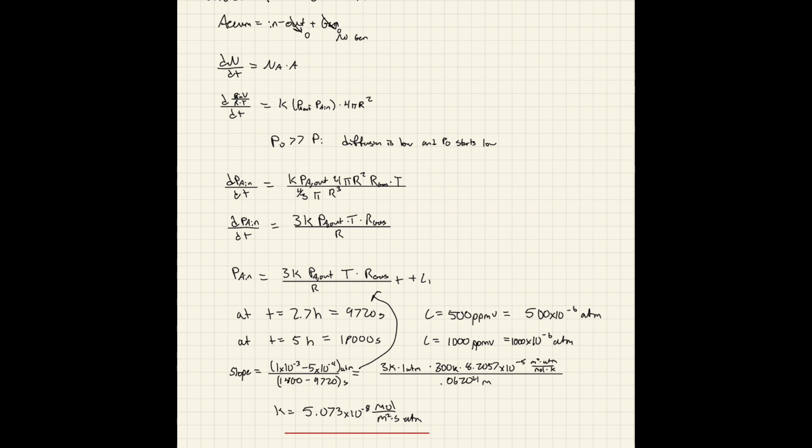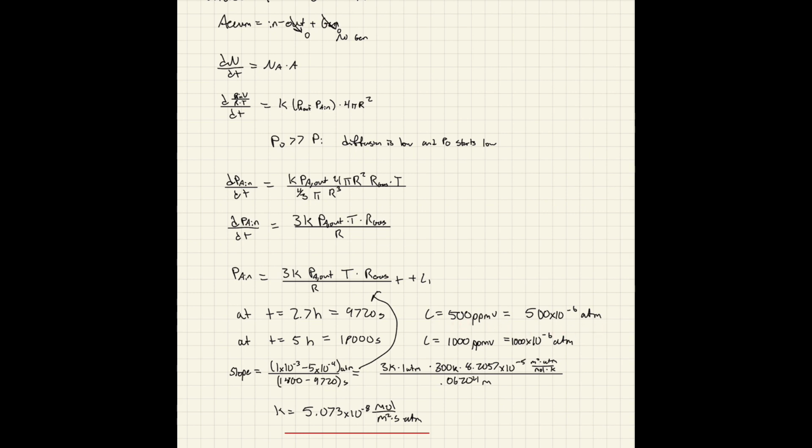We're now going to integrate and get the partial pressure of A inside is equal to 3 times K, partial pressure of A outside, temperature, ideal gas constant, over R, times t, plus our initial constant 1. And we're going to apply 2 boundary conditions here, which are the values of the time and what we know the parts per million of oxygen to be, which is shown over here.